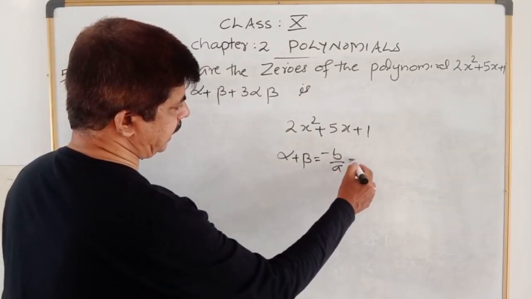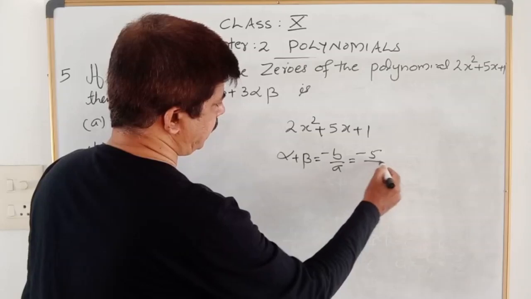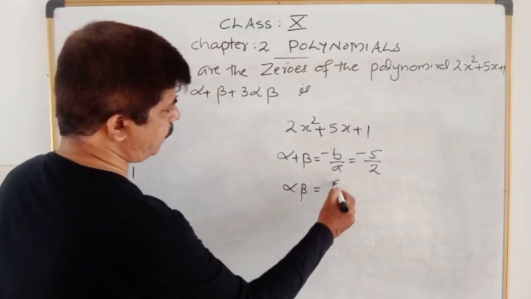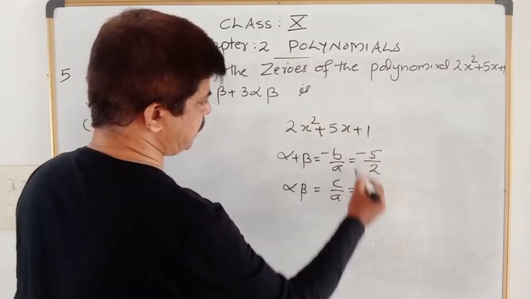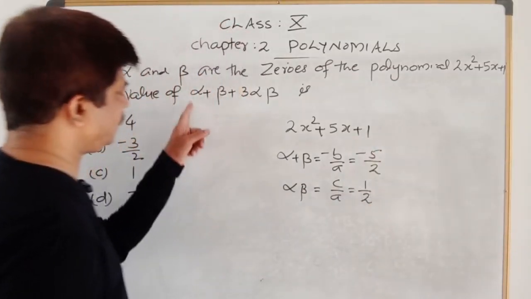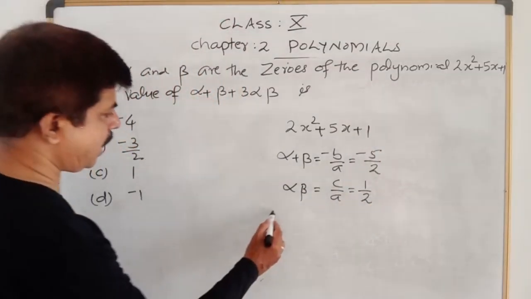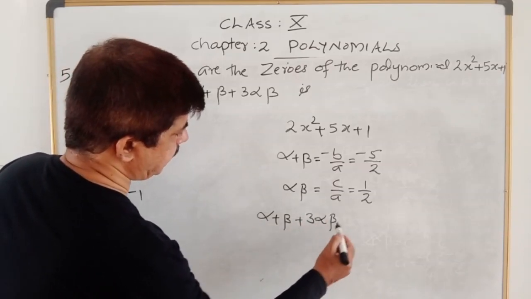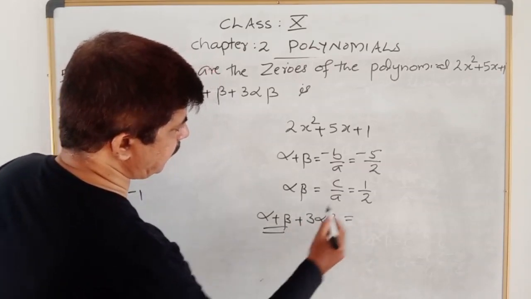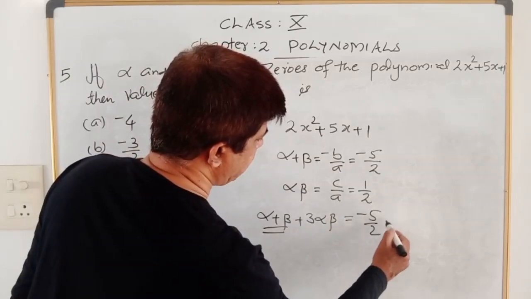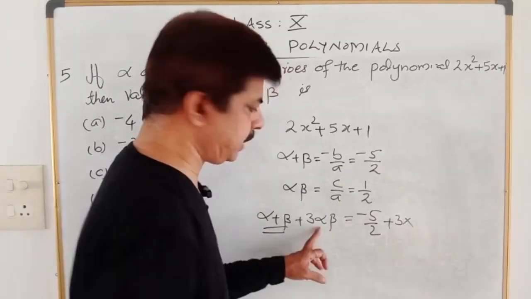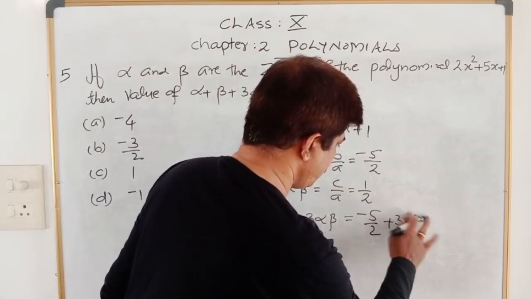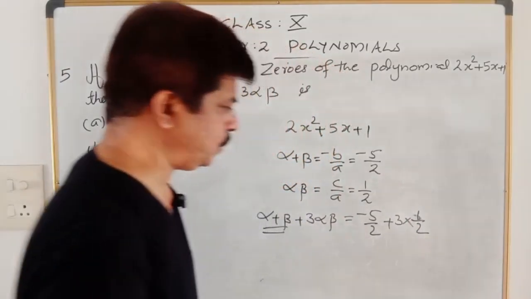Negative b by a. b value is 5, a is 2. Now we need to find the value of alpha beta. c by a means 1 by 2. So we have to find the value of alpha plus beta plus 3 alpha beta. That means alpha plus beta we have negative 5 by 2, plus 3 into alpha beta, which is 3 into 1 by 2.